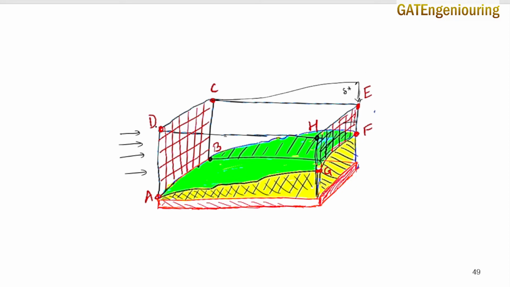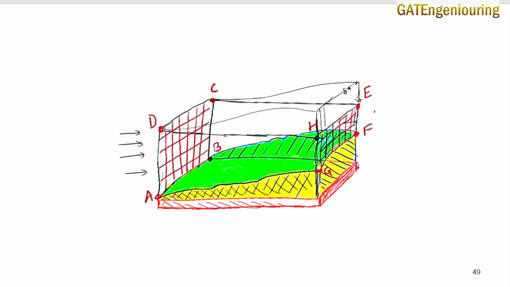Okay, if mass is moving from this place to this place, then over the flat plate it will adjust its height so that mass is conserved between these two faces. For that there is no other option but to adjust its height, and this is why it is called the displacement thickness.